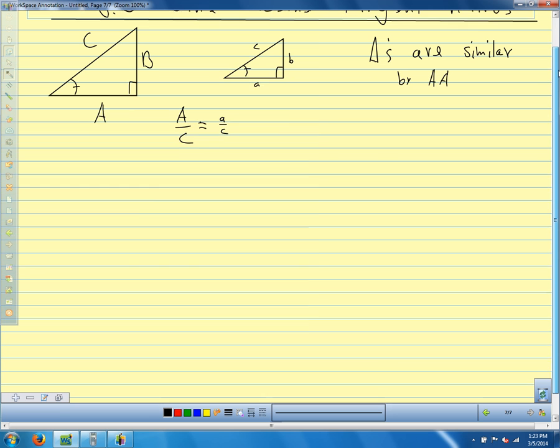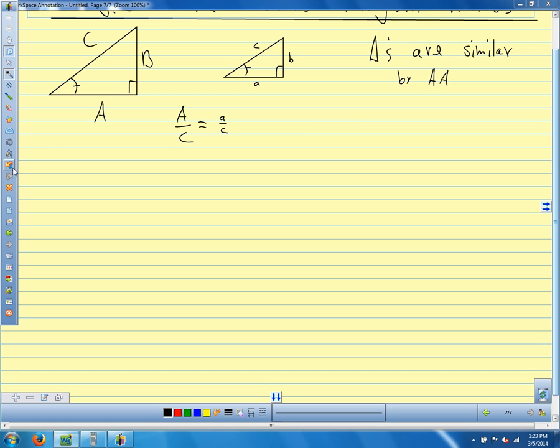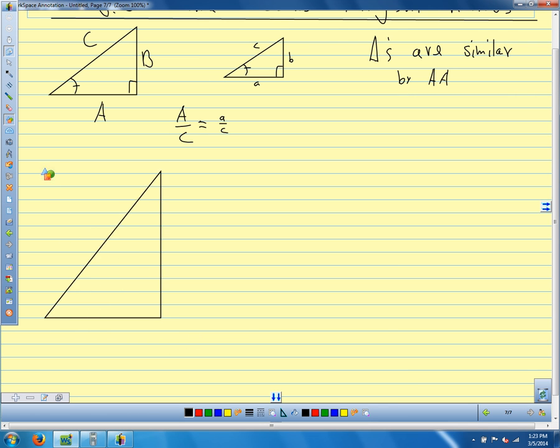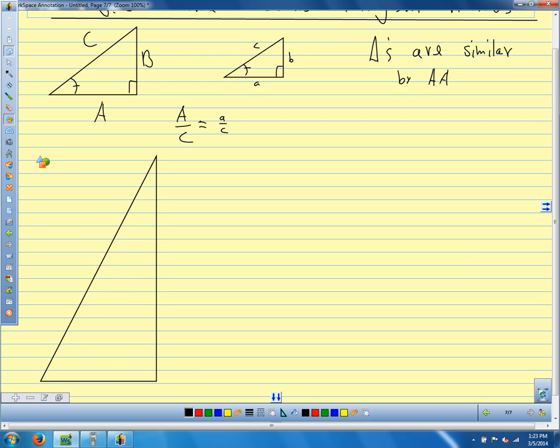So on your graphic organizer, let me draw a picture that kind of matches your graphic organizer there. I want to start that off. Your triangle looks like so.